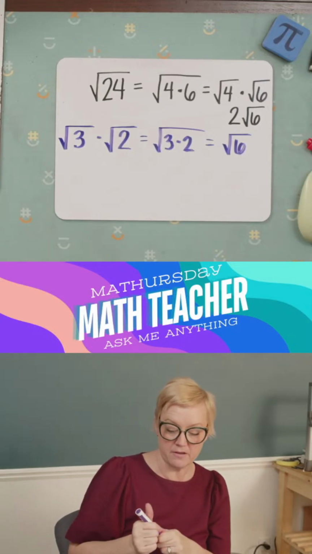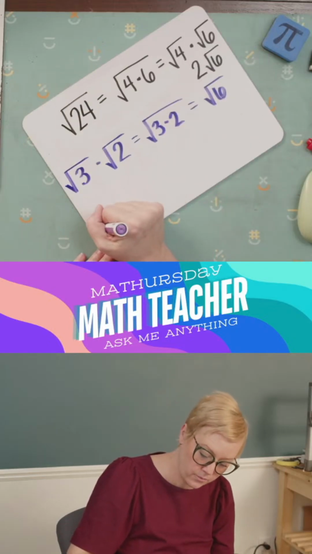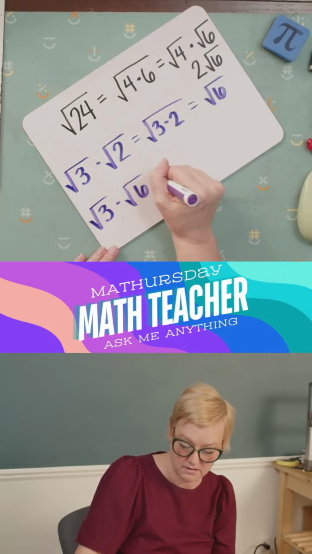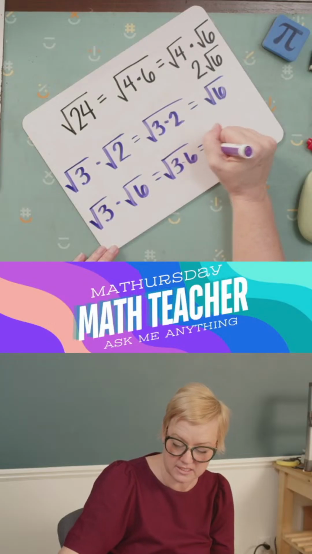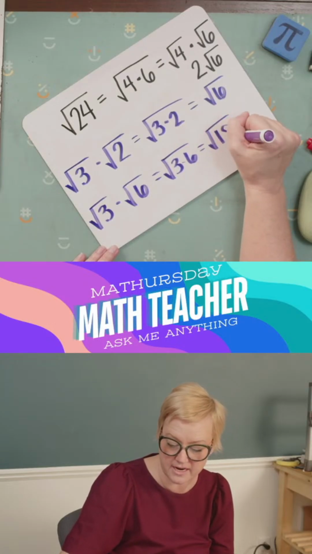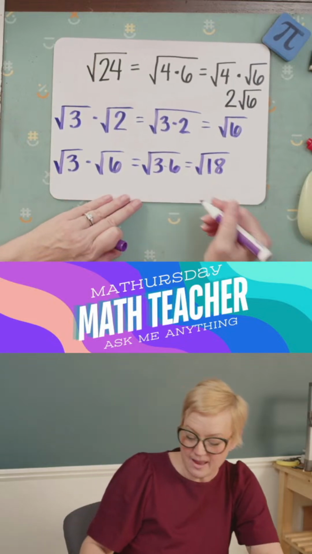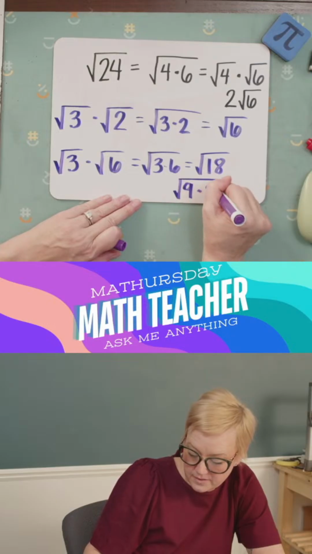So for example, if I wasn't doing 3 times 2, but I was doing root 3 times root 6, that's going to be the root of 3 times 6, which is the same thing as root 18. Now, root 18 is the same thing as 9 times 2.